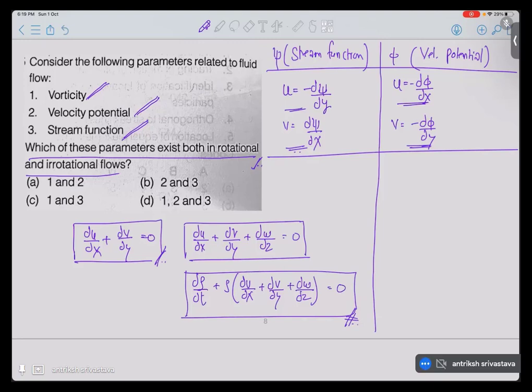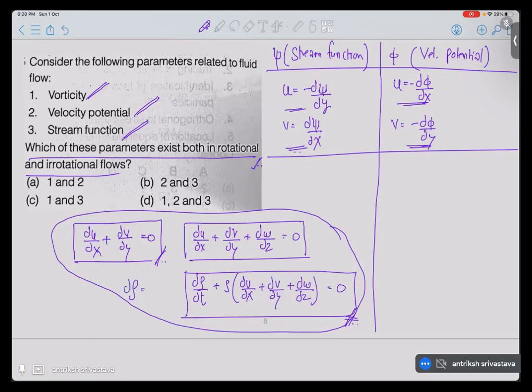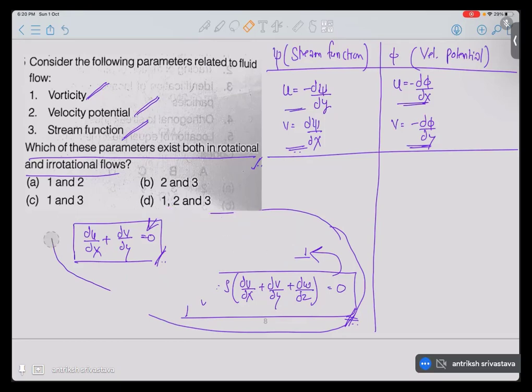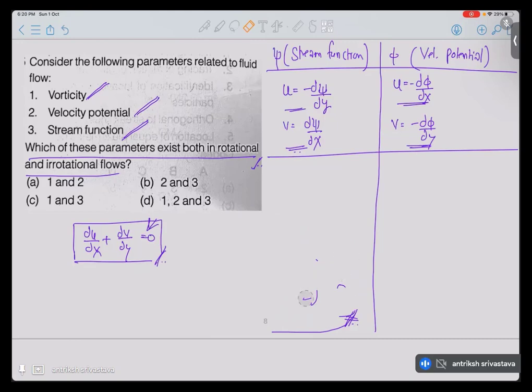Okay, so any flow, if there is a flow, it has to follow the continuity equation. When we say the flow is incompressible, that means the density doesn't change, then the equation gets in this form. And when we talk about 2D flow, then the equation comes into this form. Since we are sticking to 2D flow, this is the equation that we have to remember, called the continuity equation.